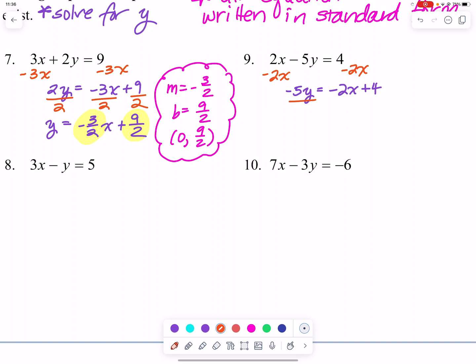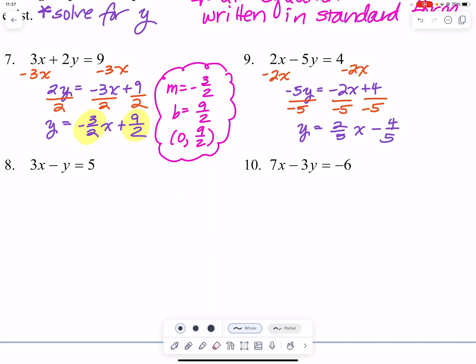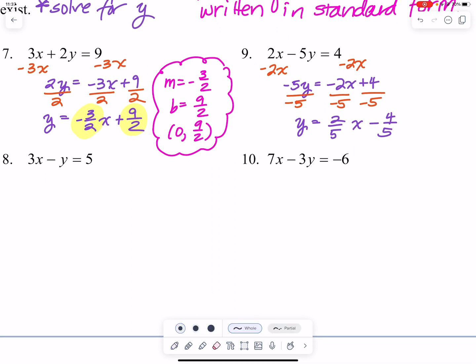We'll divide every term by a negative 5, and we have y equals 2/5 x minus 4/5. So we do want to watch our negative and positive signs. Our slope is 2/5 and our y-intercept is negative 4/5.